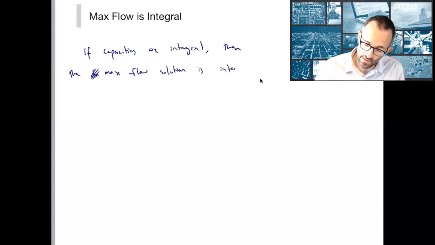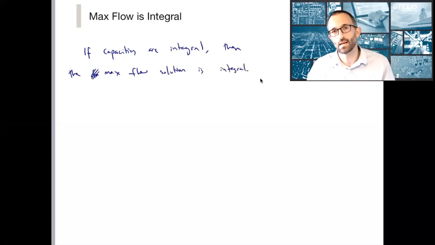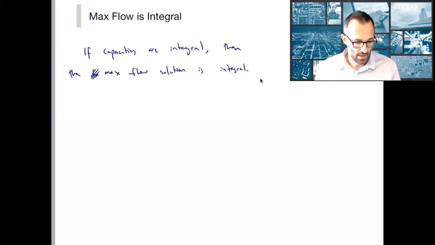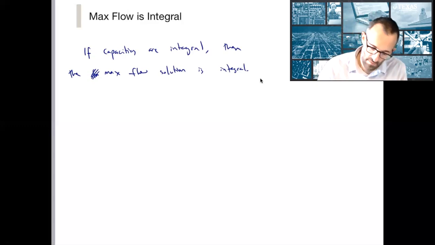That means that the max flow optimal solution sends an integral amount of flow on every single link. And basically the proof of this is relatively straightforward.